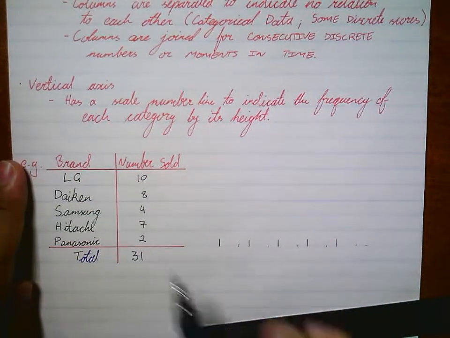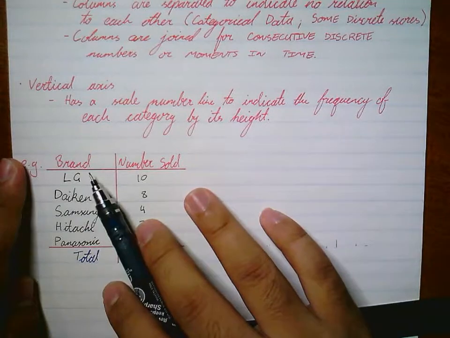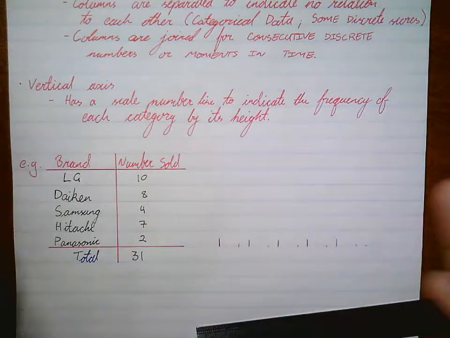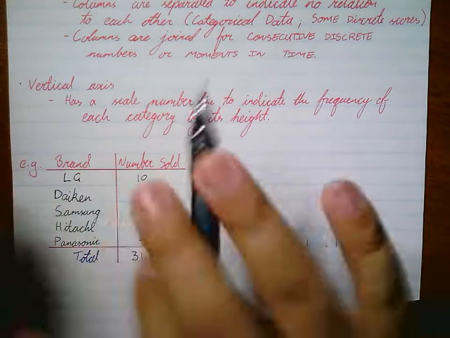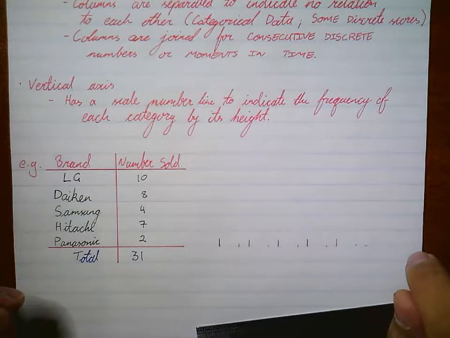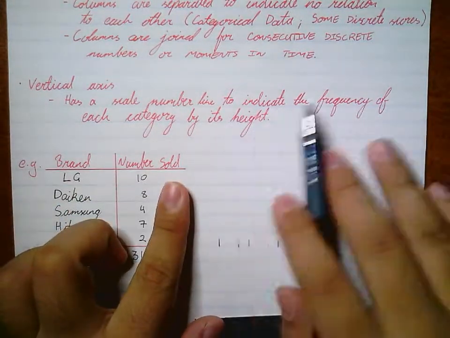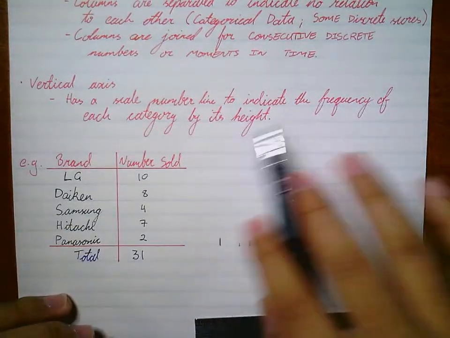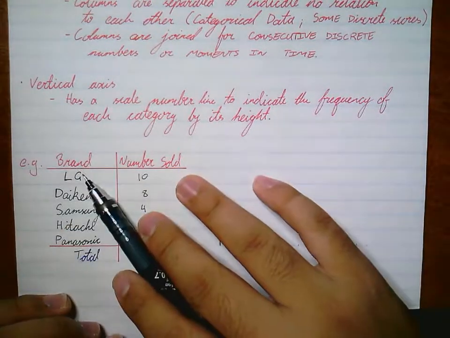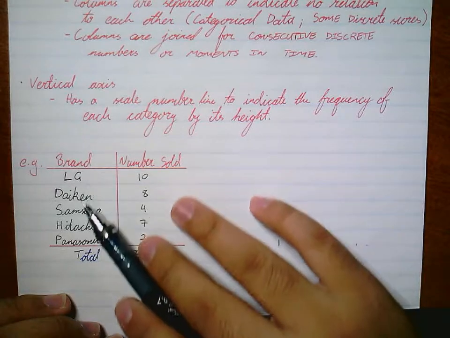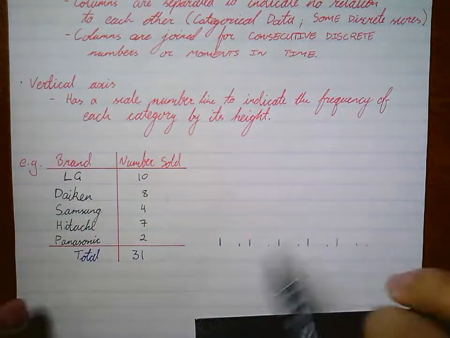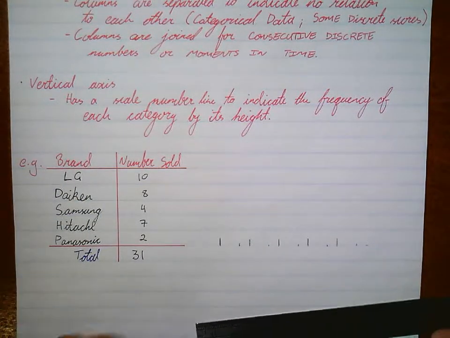Sure, they're all different brands of aircon, but we can't join them because they have no relation to each other. Unlike the numbers 1 and 2, where there are numbers in between 1 and 2, whereas for LG and Daikin, there are no brands in between Daikin and LG.